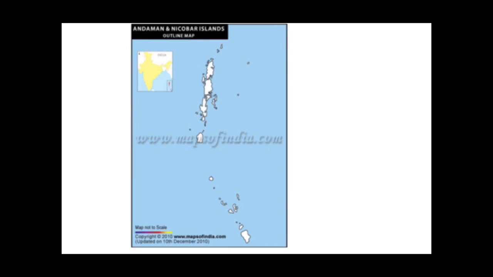This channel is very important as it separates the Andaman and Nicobar Islands. First of all, we read about the Andaman Islands. As you are able to see, the Andaman Islands are also divided into three parts. This is one part, this is the second part, and this is the third part. This is North Andaman. This is Middle Andaman.